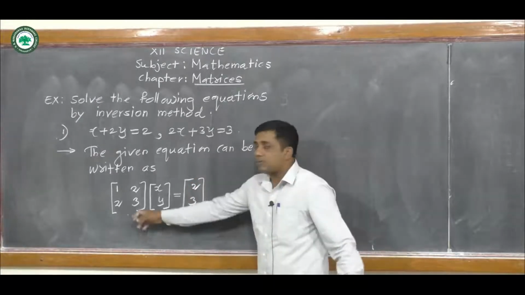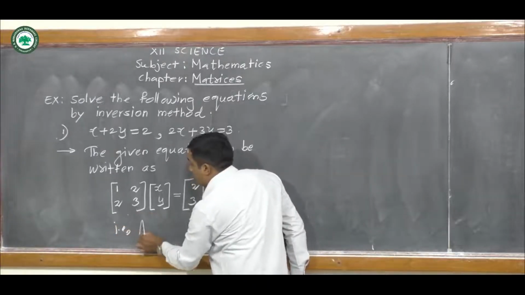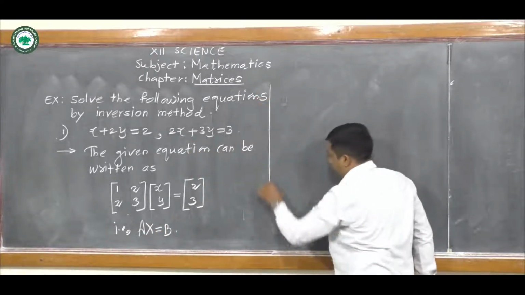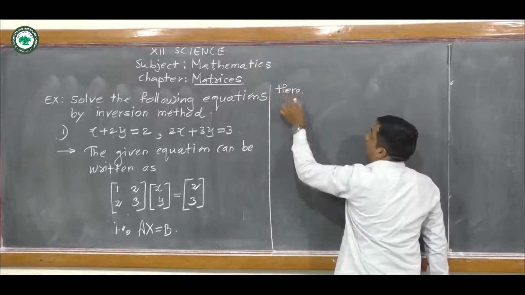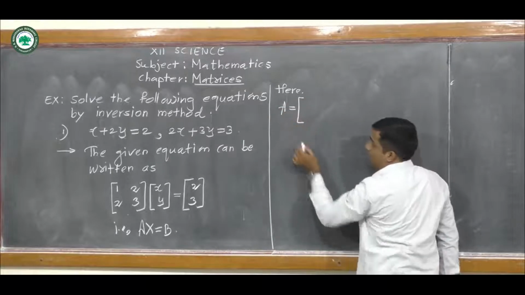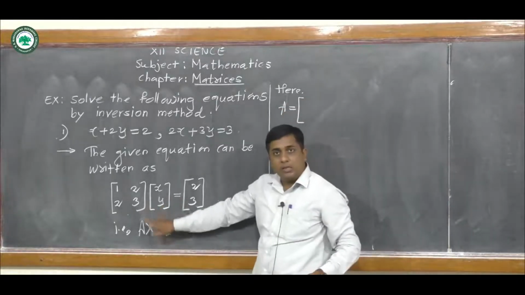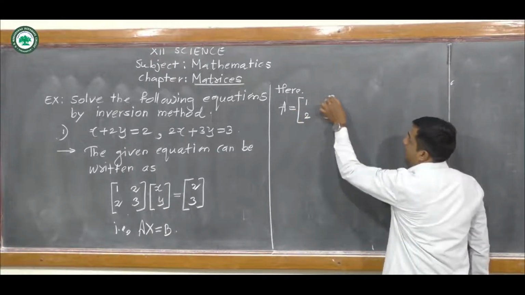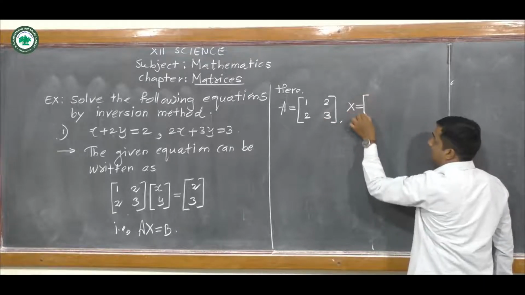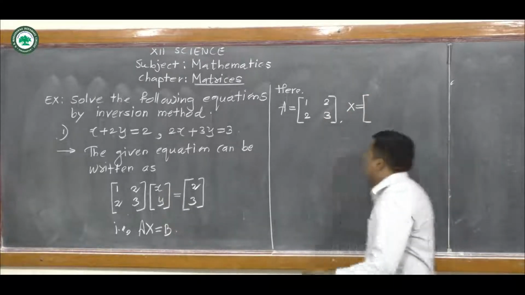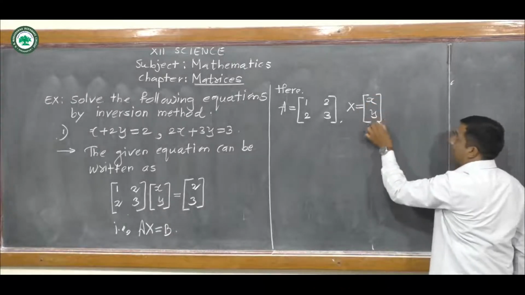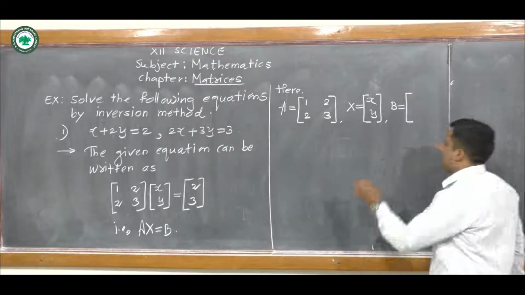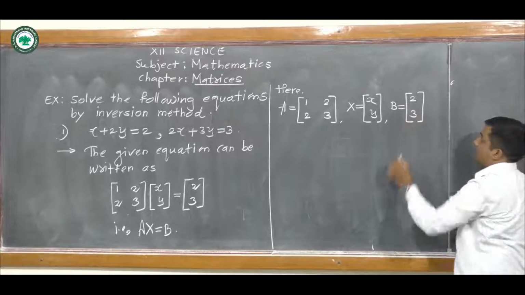So we get this form, and we know this is in the form AX is equal to B. If we compare these two, we get matrix A having 1, 2, 2, 3. Then X is the matrix having the variables x and y, and B is the column matrix having constants 2 and 3.